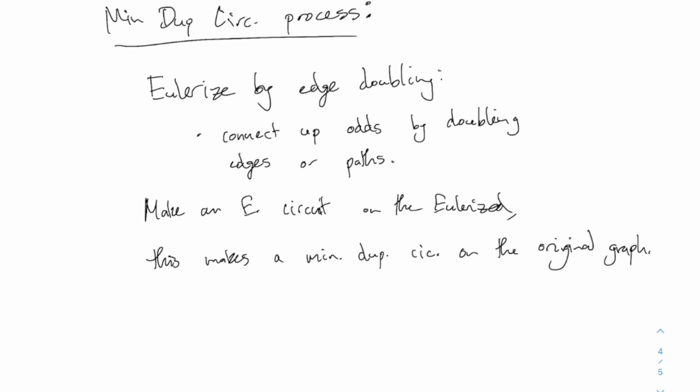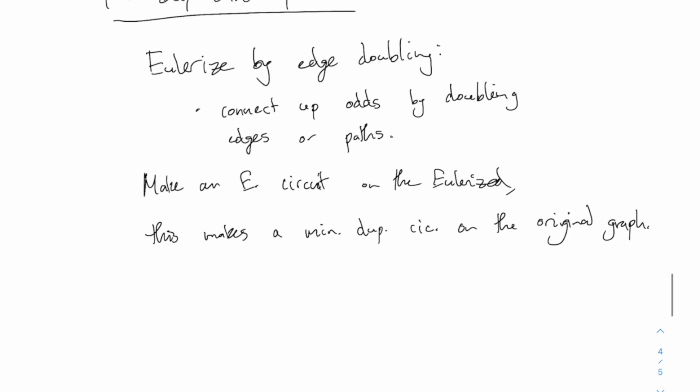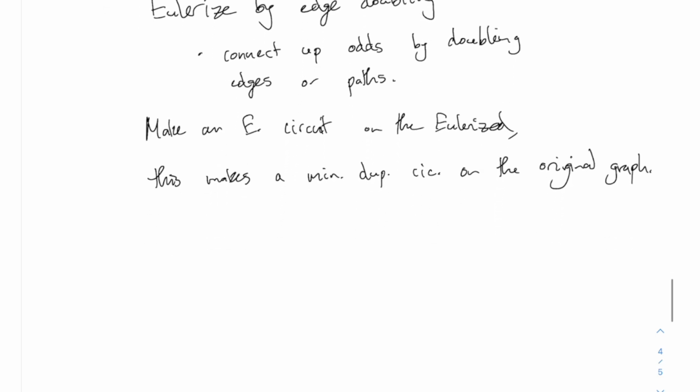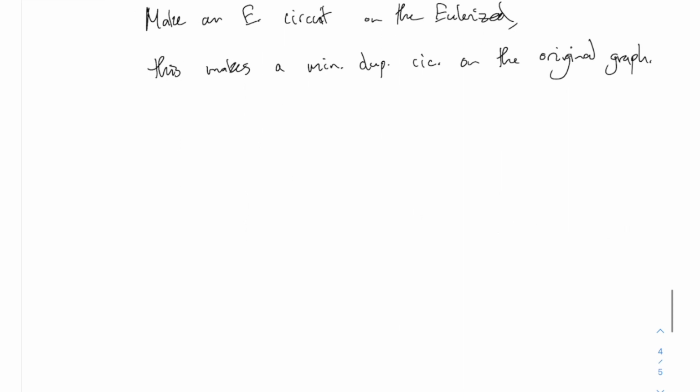So I'm going to draw a graph. Your job is to figure out how many edges you have to duplicate and which ones, and then draw a minimum duplication circuit for that graph. I have several examples for you to try. How about that? Well, there's one. Trying to draw nice here.